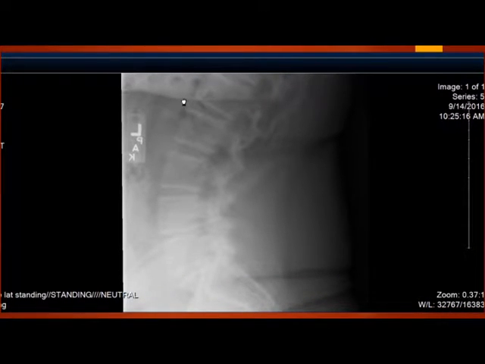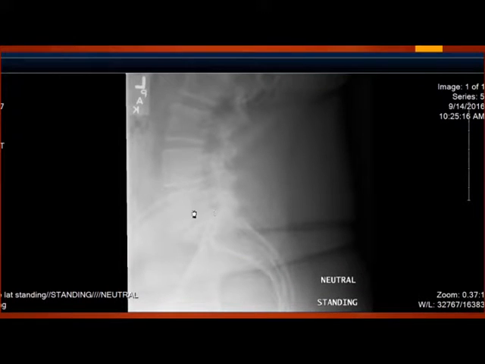There's some evidence of that degenerative change on the anterior superior end plate here of L2. Otherwise, disc spaces are mostly preserved, with the exception of the L5 S1 disc space here, which appears to be narrowed with some osteophytosis posteriorly and then perhaps also some anteriorly.